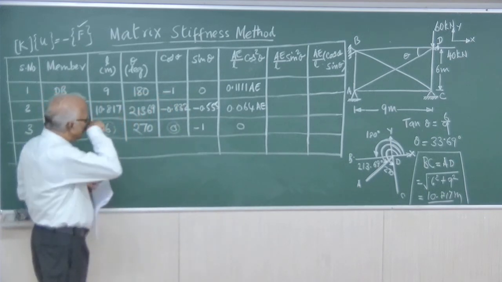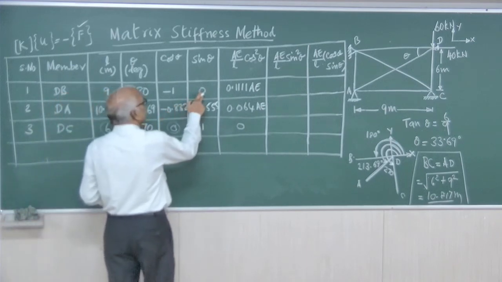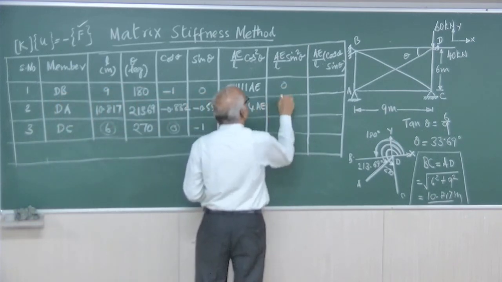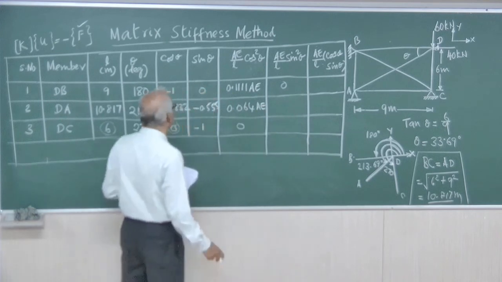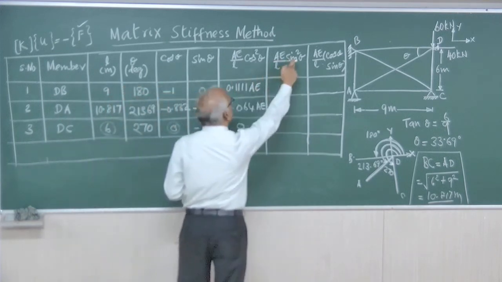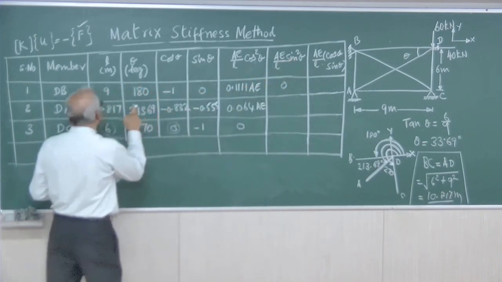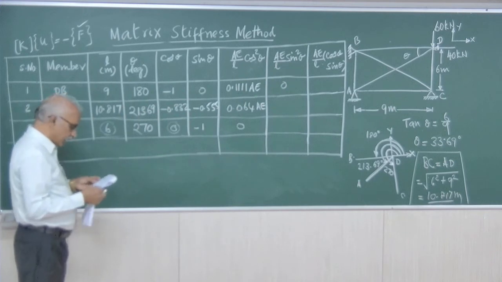Now next column, sin square theta. For the first member, sin theta is 0. Therefore, this is automatically 0. And here it is minus 0.555 whole square by the length 10.817.